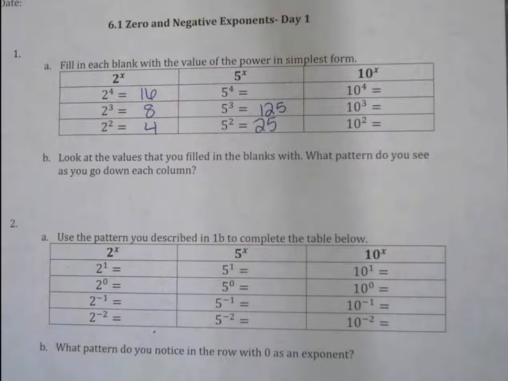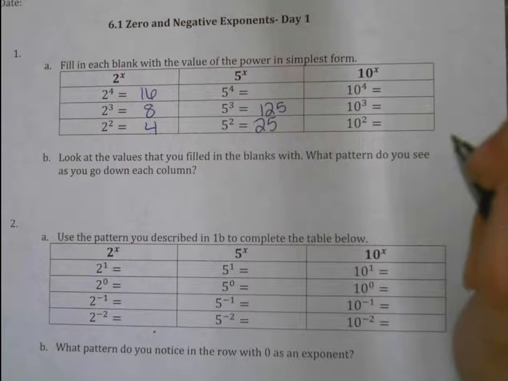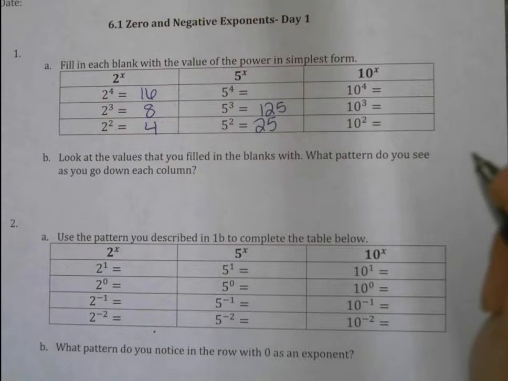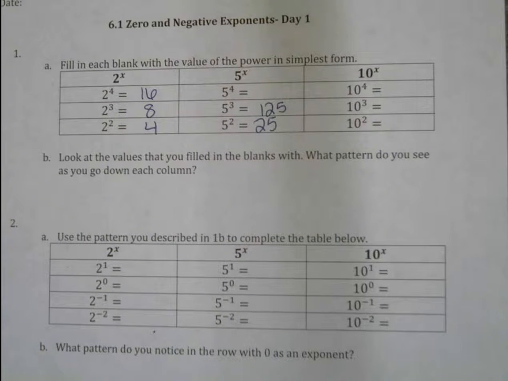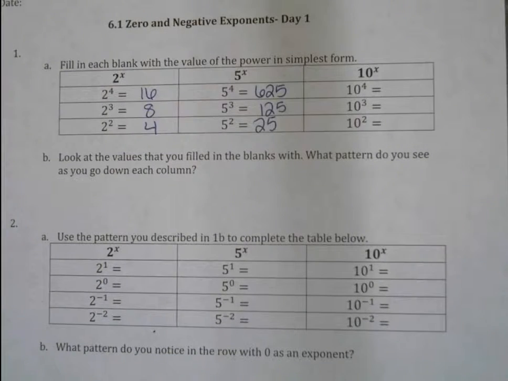And then 5 to the 4th? 125 times 5. No, we already have 125. 625, you're right.